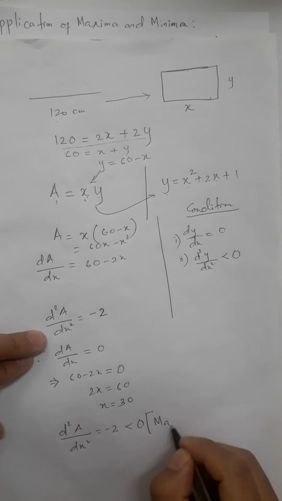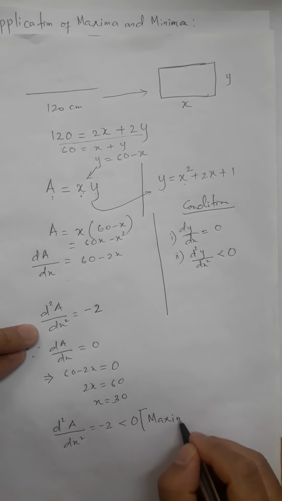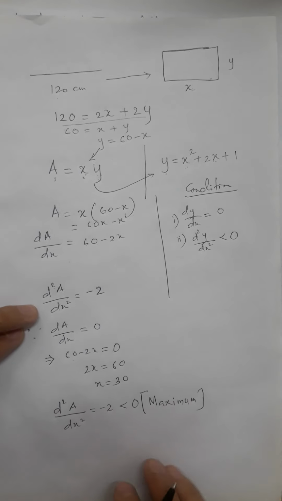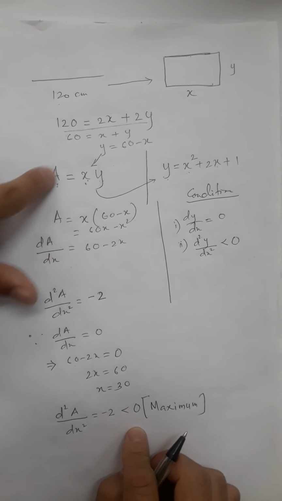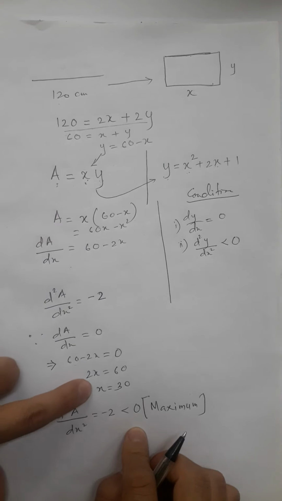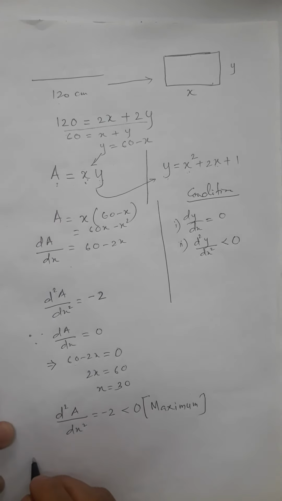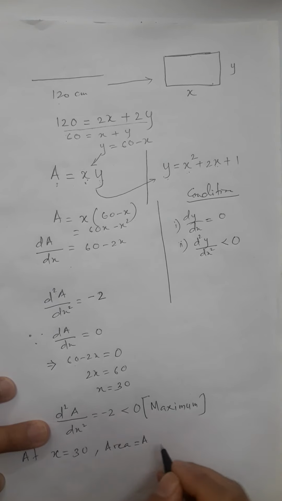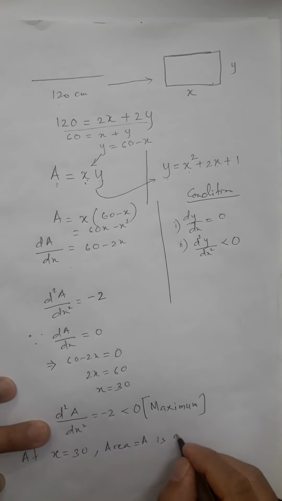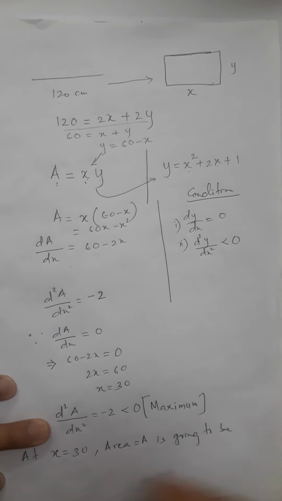So it is satisfying the maximum condition, right? Which means the area of the rectangle is going to be maximum when your x value is 30. So our conclusion here is, at x equal to 30, the area, which is denoted by A, is going to be maximum.